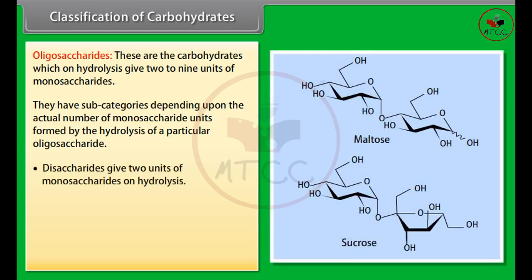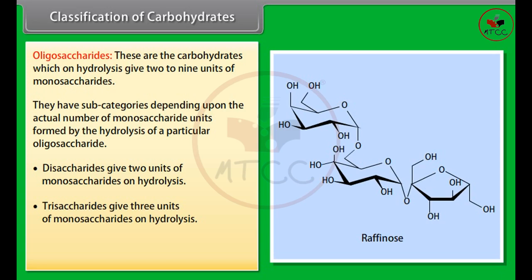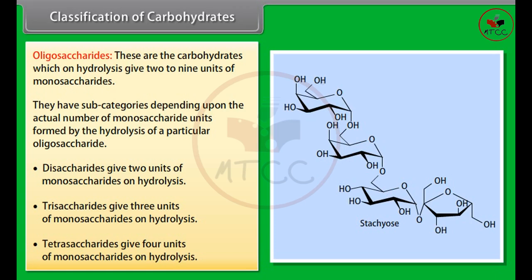Disaccharides give 2 units of monosaccharides on hydrolysis, for example, maltose and sucrose. Trisaccharides give 3 units, for example, raffinose. Tetrasaccharides give 4 units, for example, stachyose.